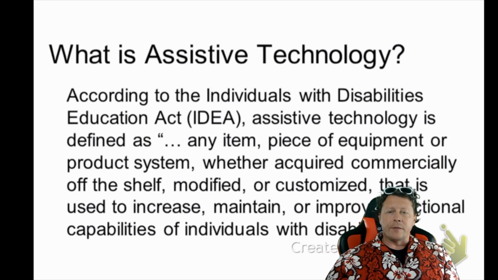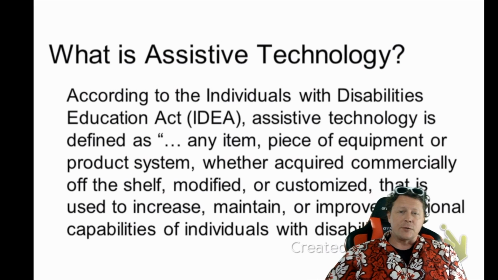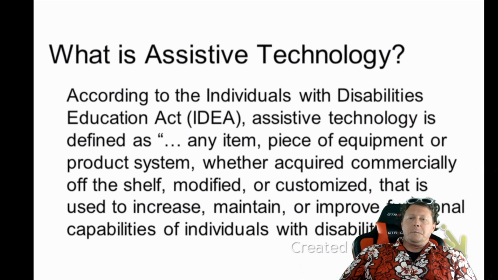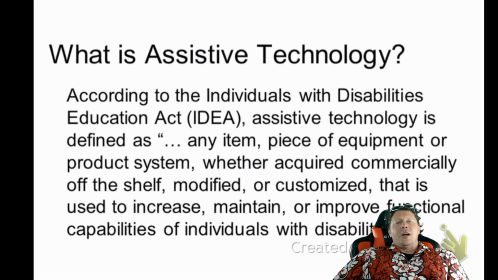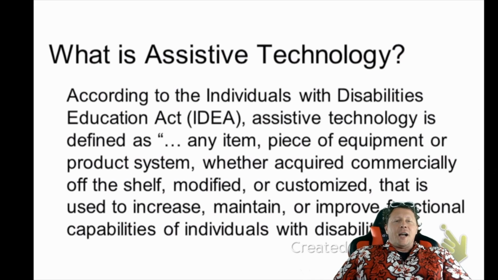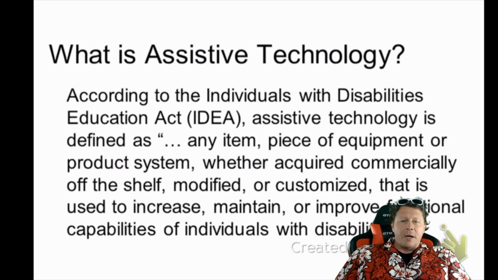So this is the definition for assistive technology. According to the Individuals with Disabilities Education Act, IDEA 2004, assistive technology is defined as any item, piece of equipment, or product system, whether acquired commercially, off the shelf, modified, or customized.